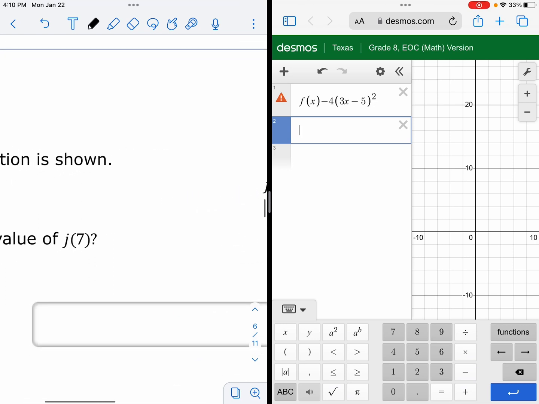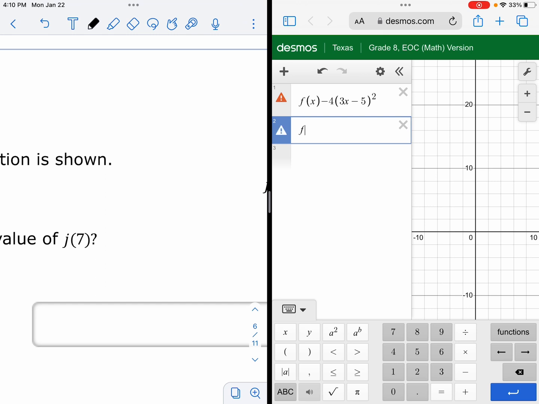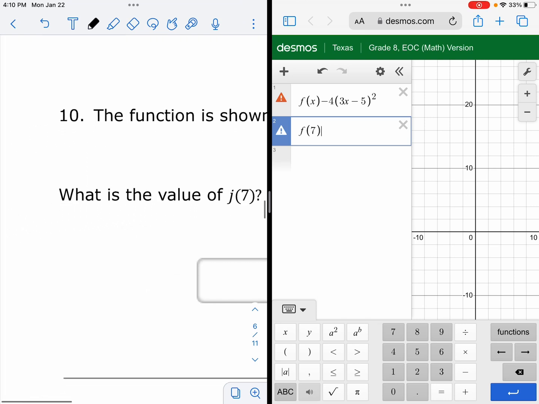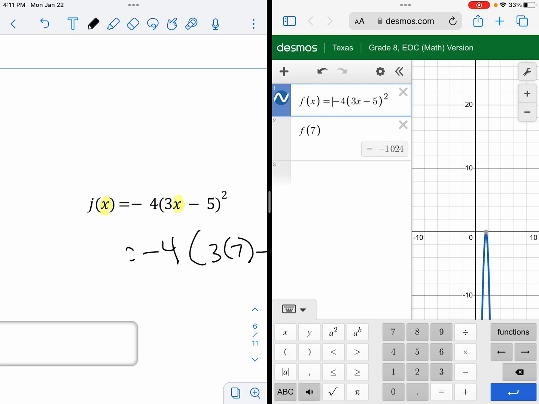I'm just going to call it f of x instead of j of x. So if I want to know what the function of 7 is, it helps if Miss Jones puts her equal in there. It'll do it for me.